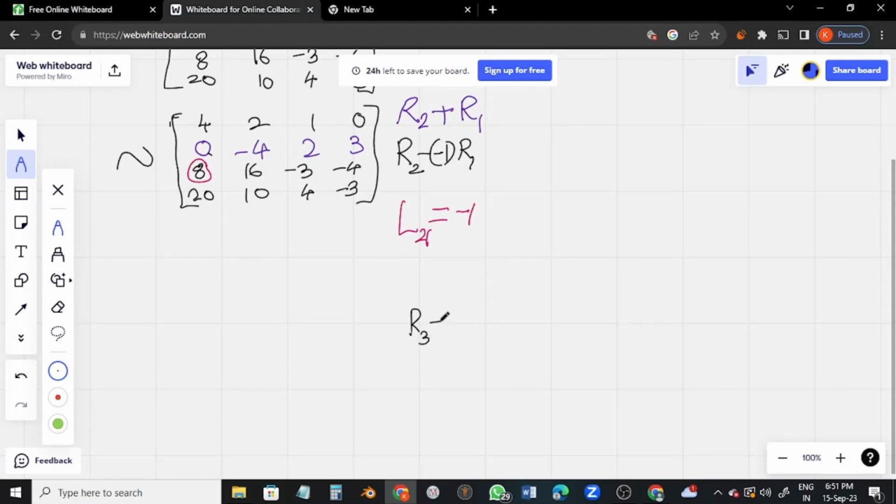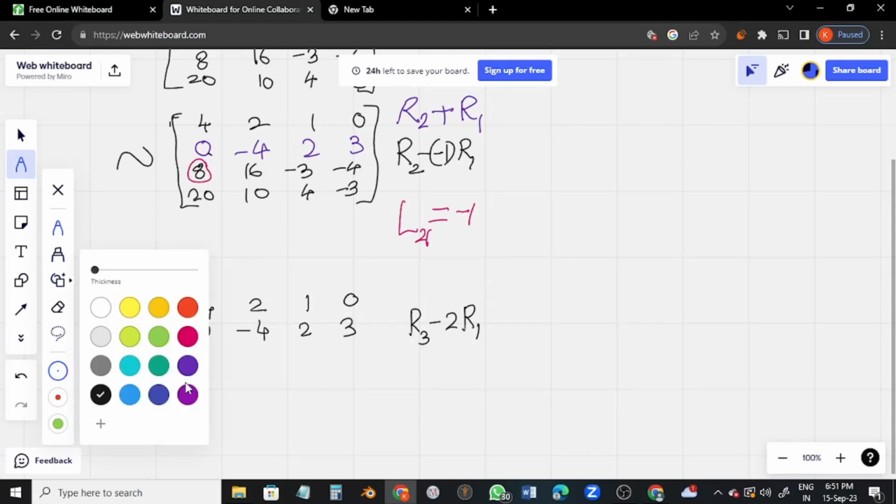So third row minus twice the entry in the first row. So this is equivalent. As you are all watching, first row I am copying, second row now I am satisfied with the 0, so let me write 0 minus 4 2 3 as it is. Now our target is to change the third row.